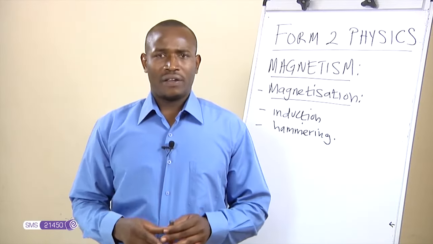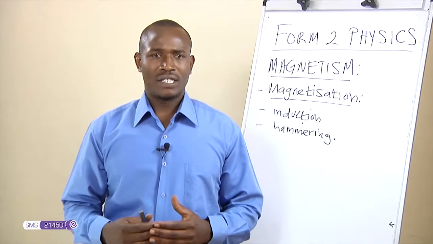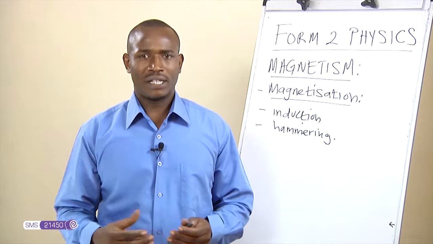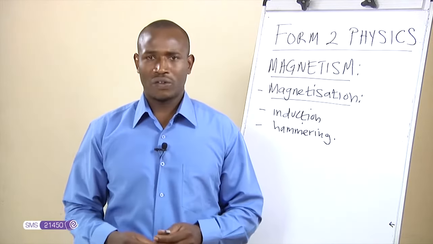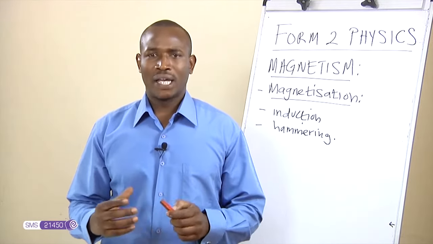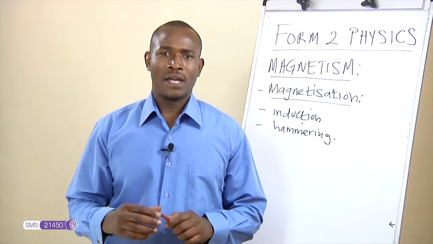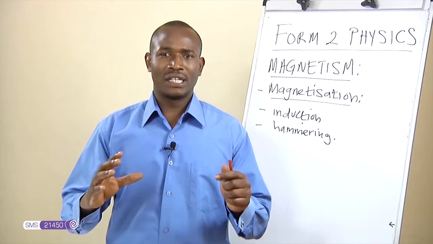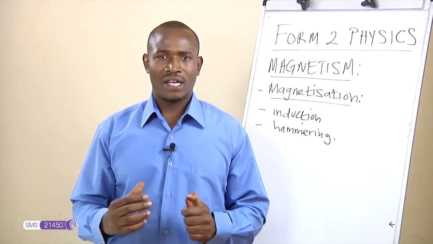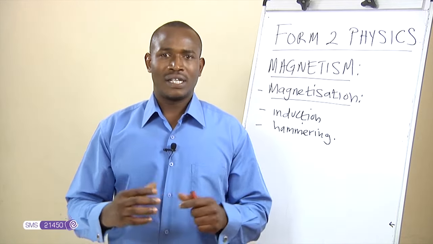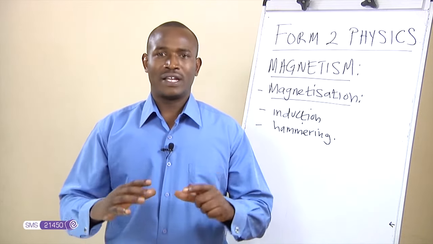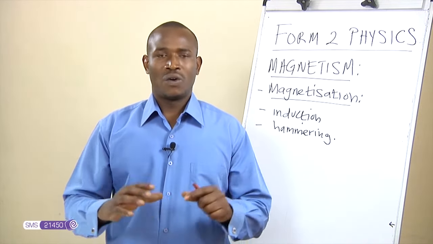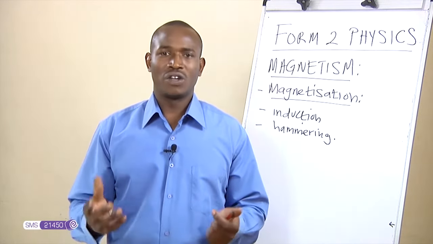When a magnetic material is to be magnetized by use of the hammering method, here we are basically exploiting the magnetic properties or the magnetic field of the earth. Remember, we had earlier seen that the earth in itself is a big magnet whose magnetic field is uniform.